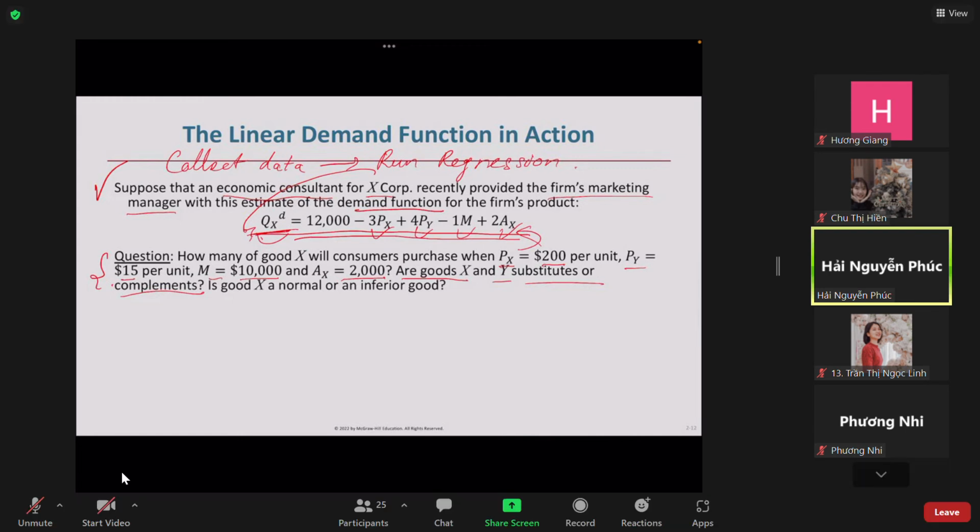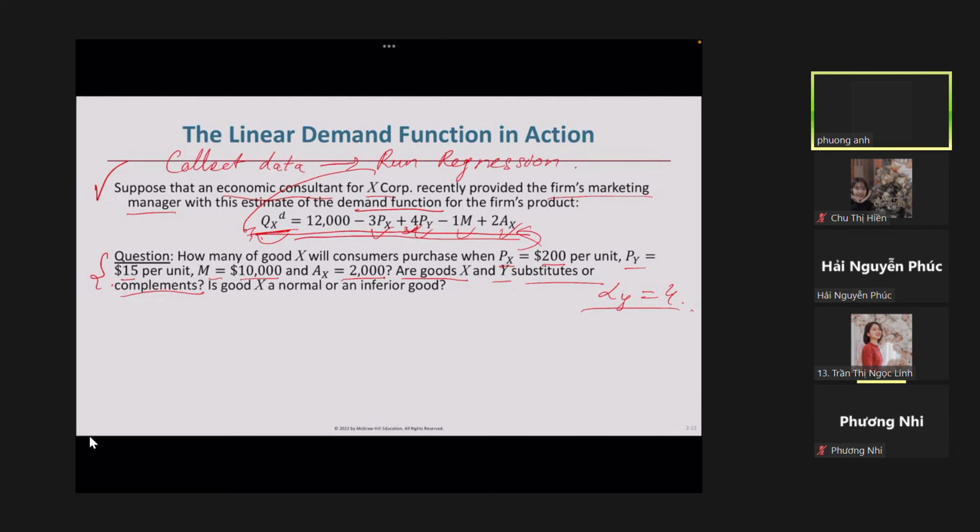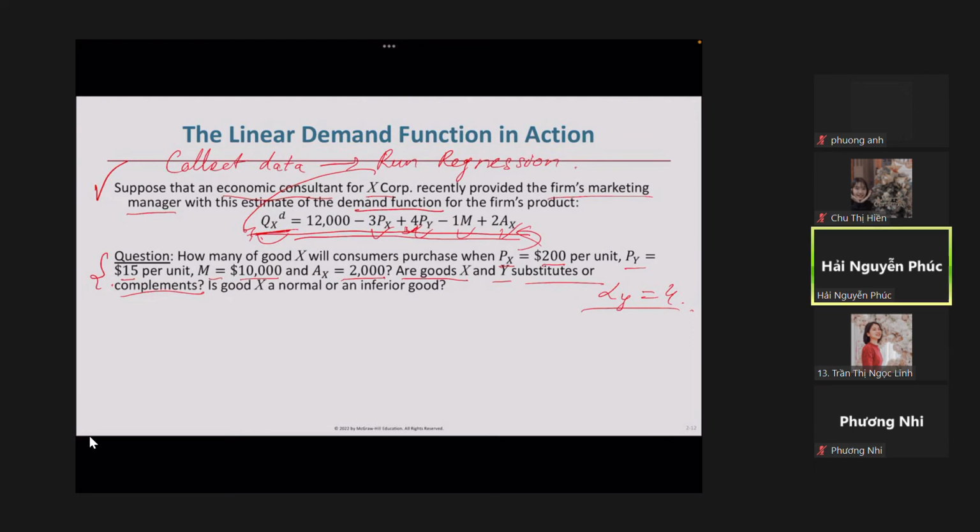Of course, you have to pay attention to the sign of alpha Y. Here we have alpha Y equal to 4. So what does it mean? It's greater than 0, so Y is a substitute for good X. Yeah, that's correct. We have Y and X are substitutes.